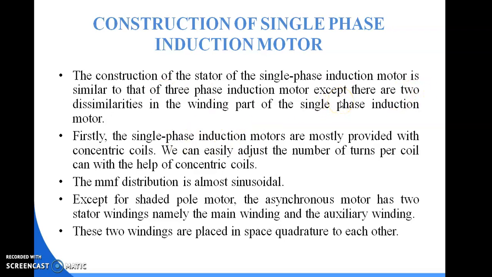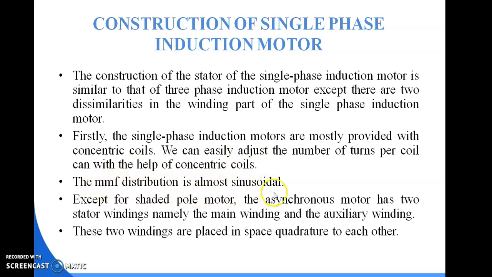But except for one thing, there are two dissimilarities in the winding part of a single phase induction motor. What are those? Firstly, the single phase induction motors are mostly provided with concentric coils. We can easily adjust the number of turns per coil with the help of concentric coils.